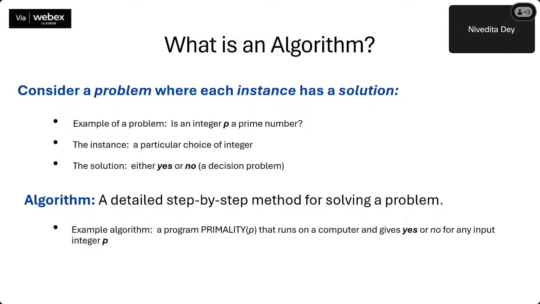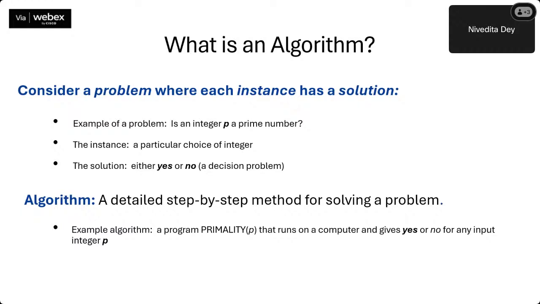Consider a problem where each instance has a solution. An example of a problem is: is an integer p a prime number? The instance is a particular choice of integer and the solution will be either a yes or a no. If this happens, we call it a decision problem. It is a kind of verification that we are doing. For example, is my graph 3-colorable?